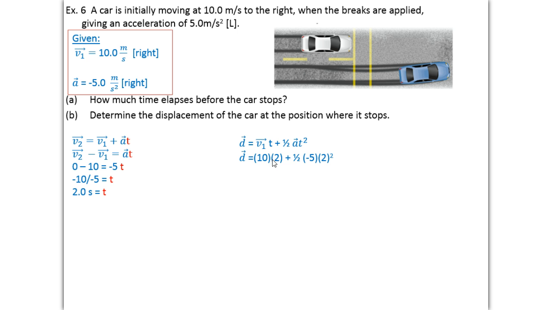So 10 times 2 seconds it was traveling, plus a half times the acceleration while it was trying to stop, times 2 seconds squared. So 10 times 2 is going to give us 20, plus a half times negative 5 times 4, since 2 squared is 4. So 20 plus a negative 10.